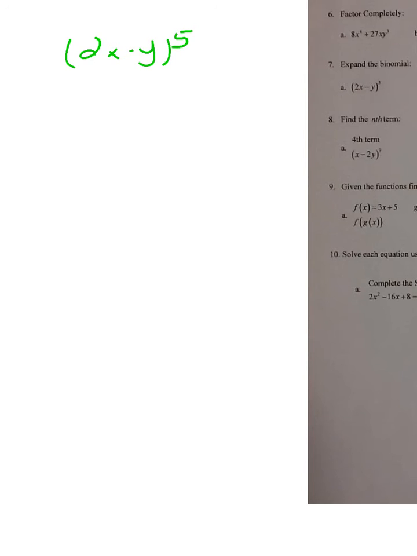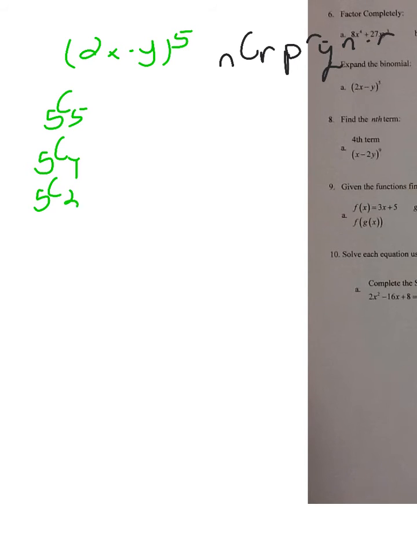And remember, we use combinations, nCr, p to the r, q to the n minus r power. Okay, so we do 5C5, 5C4, 5C3, 5C2, 5C1, 5C0.